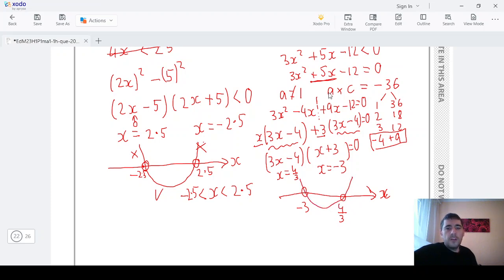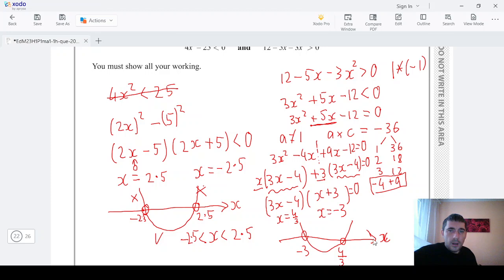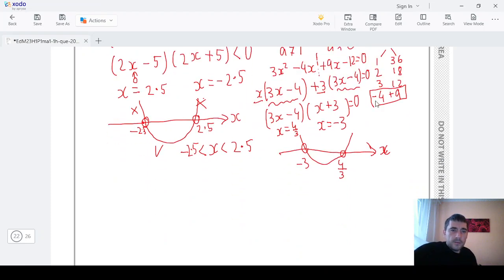In this case, I need to get the values of this particular graph where it's under the x-axis, so where it's negative, because I'm looking for less than 0. So again, it's going to be in between.